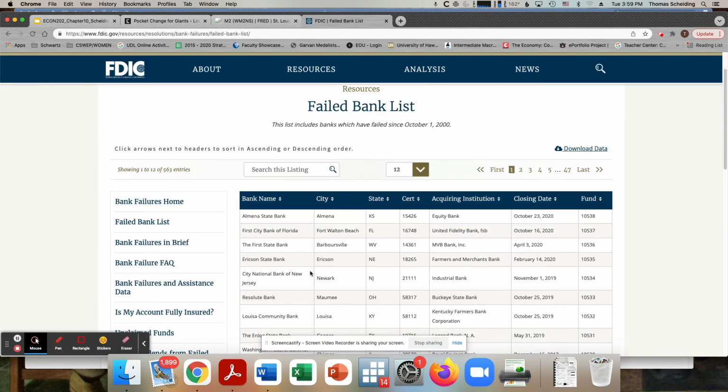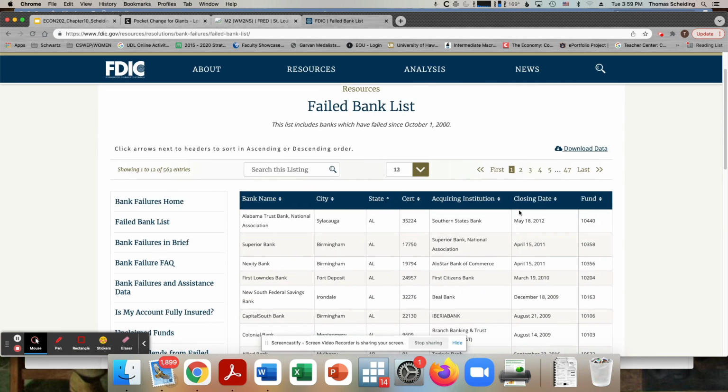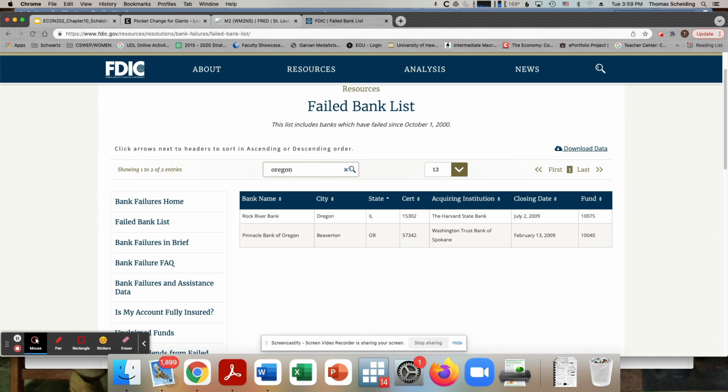So I can search this in any number of ways. Let's search it by state. We've got Pinnacle Bank of Oregon that was bought by Washington Trust Bank of Spokane, and that failed during the 2008-2009 crisis. In my state of Hawaii, I know we've had banks fail.